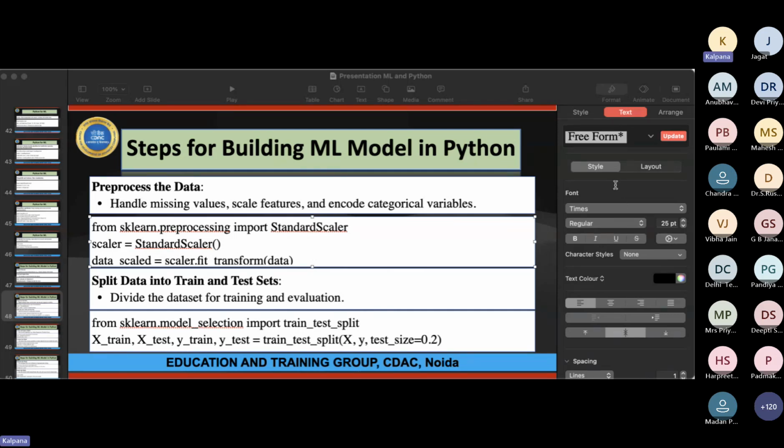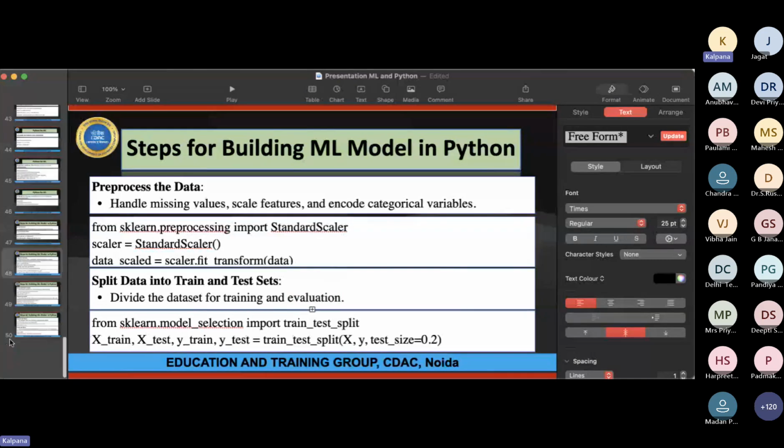Let me see the code, whether it is visible to you. Can I put the code on the chat? Okay, ma'am. No problem. Let me try it. Put it over here on the slide. I'll create a new one.